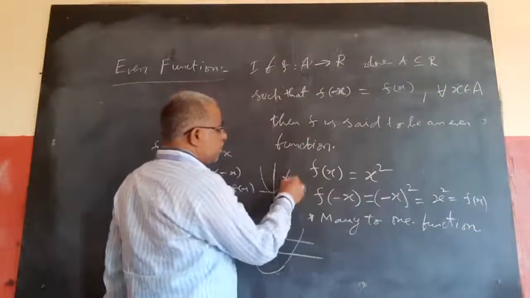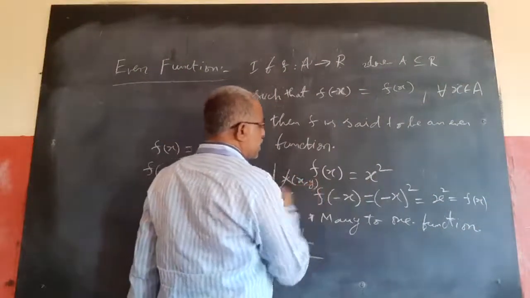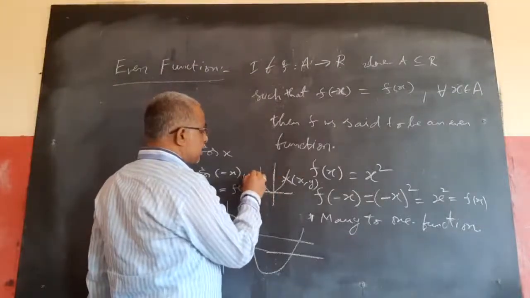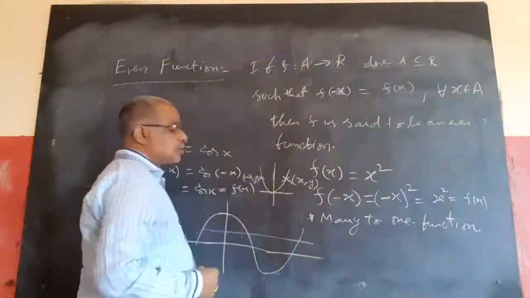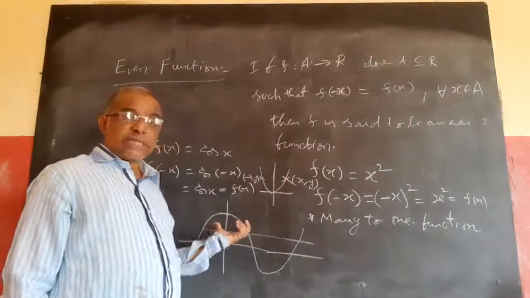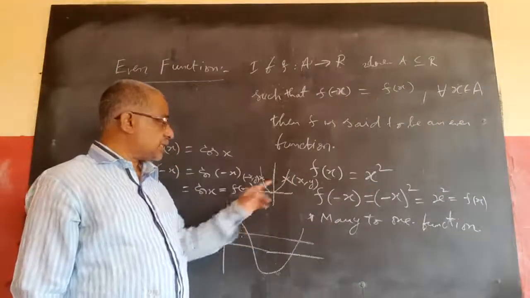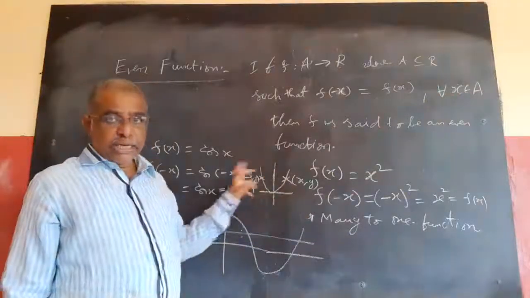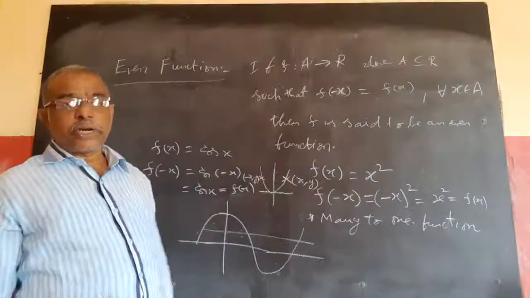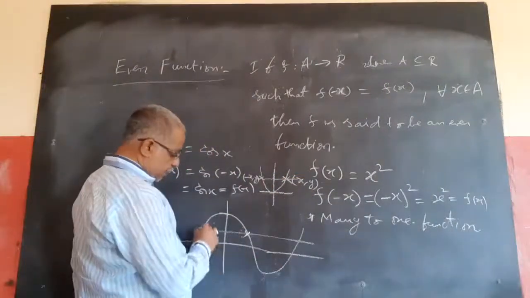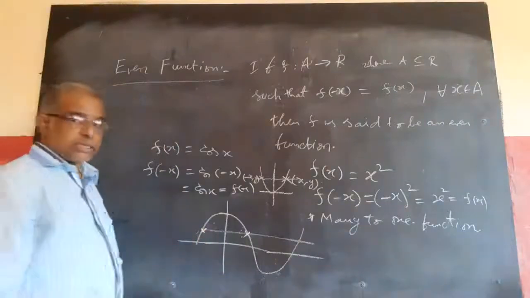It means if x comma y is some point in the first quadrant, then minus x comma y should be the other point in the second quadrant. Similarly, the same point will be here, like this.